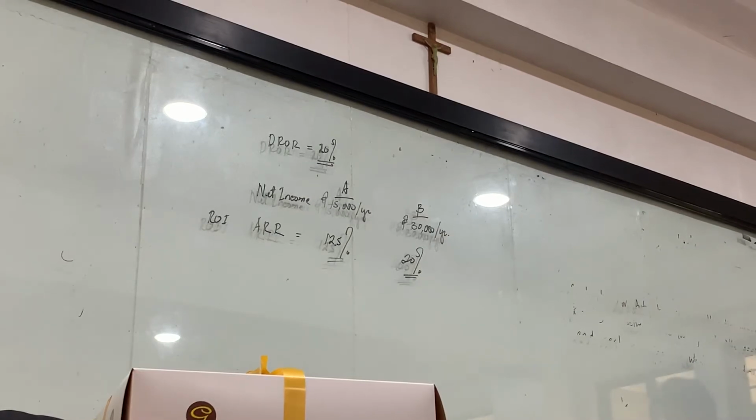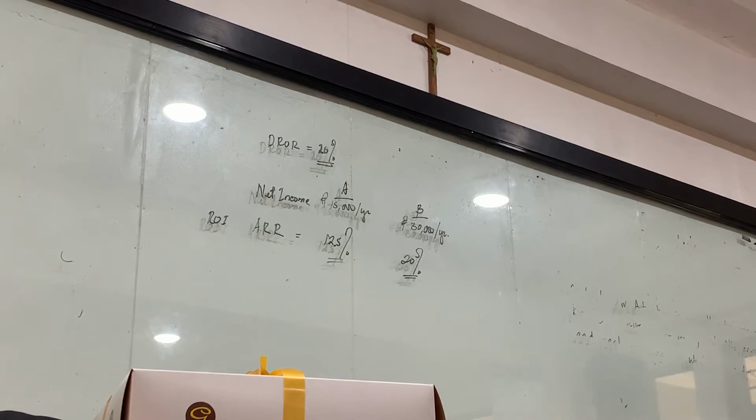It is very simple. Your formula is easy to memorize: net income divided by initial investment or net investment. Right? Okay? What else?